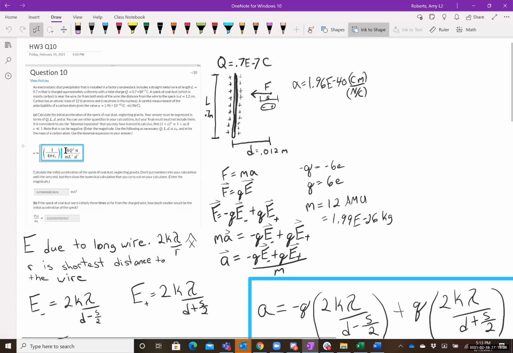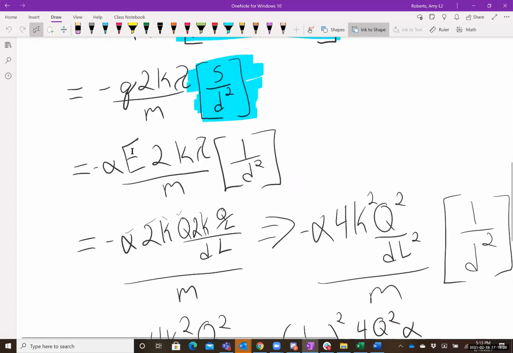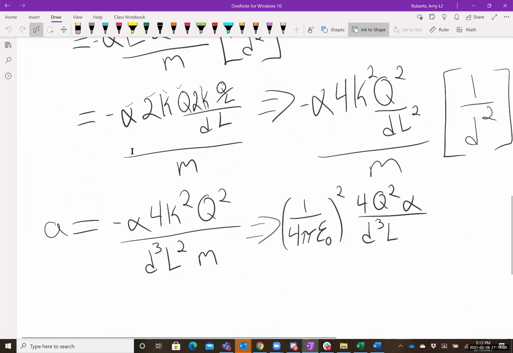And there's your 4, Q squared alpha M L squared D cubed. Yeah, I think I got it all.